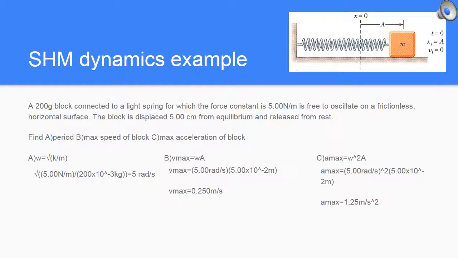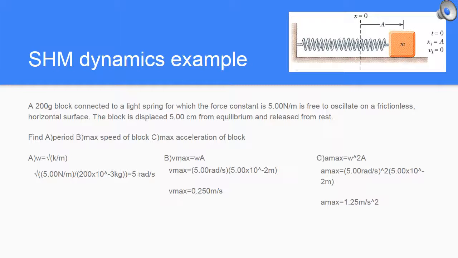And so the max velocity equation is the max velocity equals the angular velocity times amplitude. And so our displacement equals the amplitude. So our amplitude equals 0.05 meters. And so we're going to have that the max velocity equals 5 radians per second times 0.05 meters, and then when we solve for the max velocity, we get that the max velocity equals 0.25 meters per second.